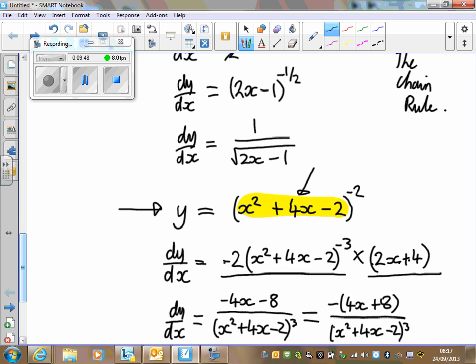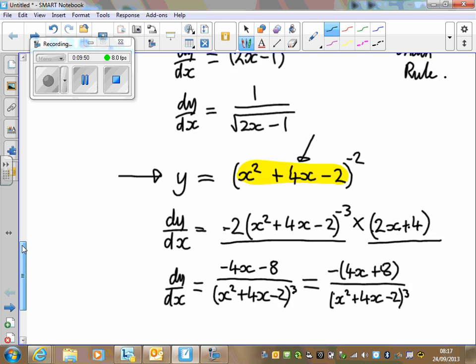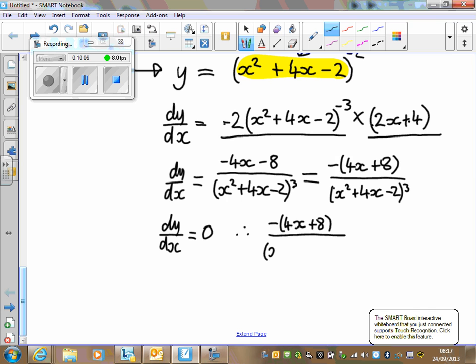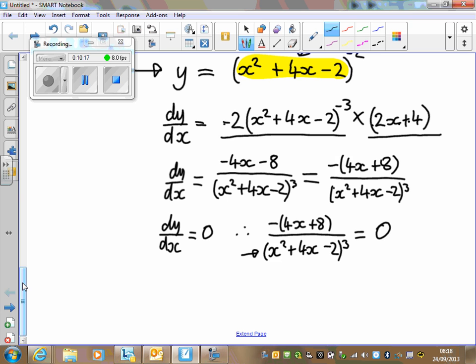If we think about this as a curve, we can find the stationary points of this curve quite simply, because at the stationary points, dy/dx is equal to 0. Therefore, minus 4x minus 8 over x squared plus 4x minus 2 cubed is equal to 0.